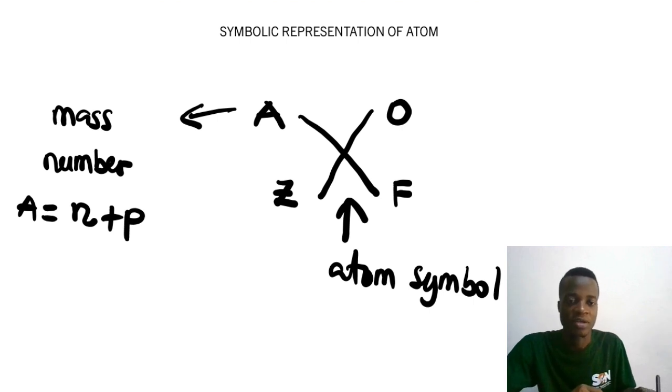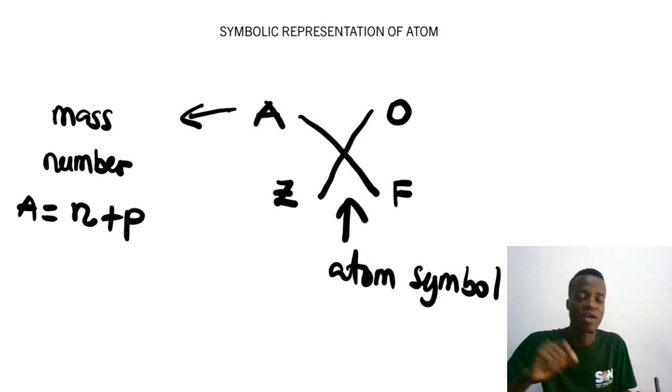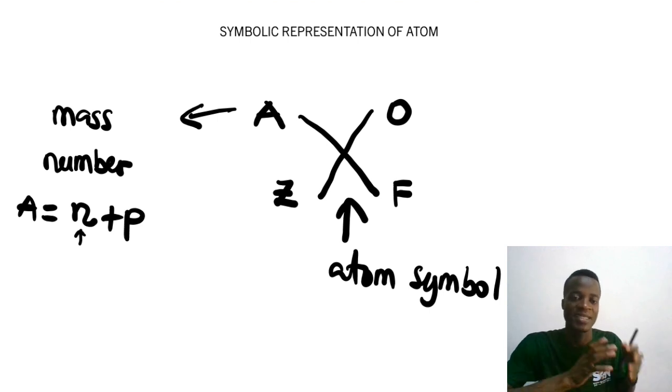We know that the nucleus contains the neutrons and the protons. So the mass number is the sum of the neutrons and protons inside the nucleus of an atom.